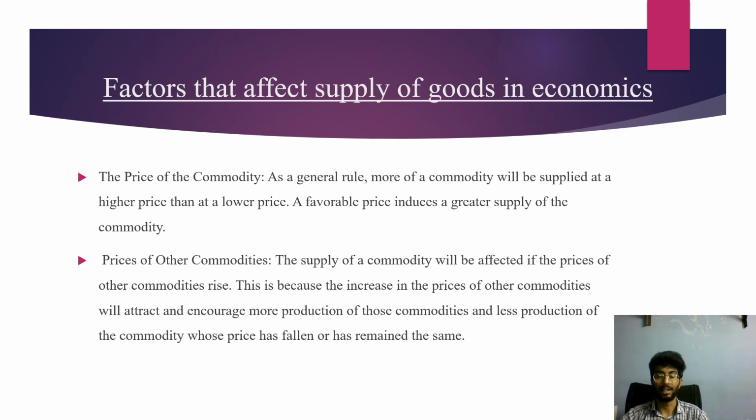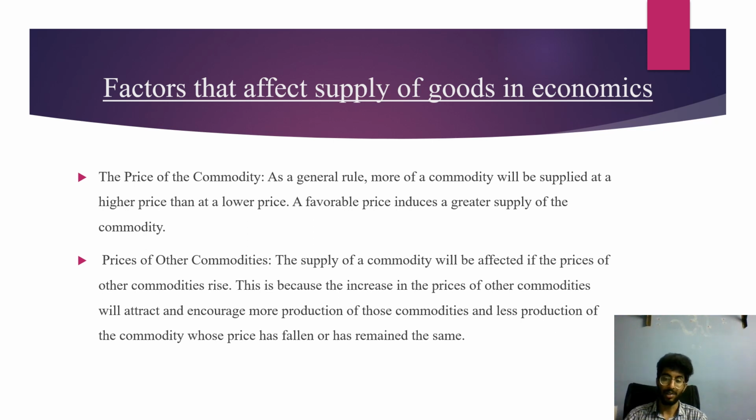Factors that affect the supply of goods in economics. The price of the commodity. As a general rule, more of the commodities will be supplied at a higher price than at a lower price. The favorable price induces the greater supply of the commodity. The prices of other commodities.